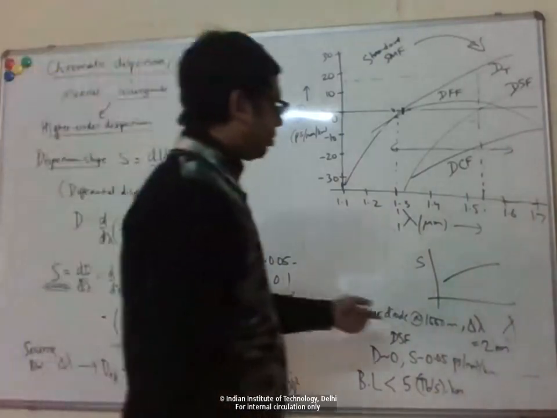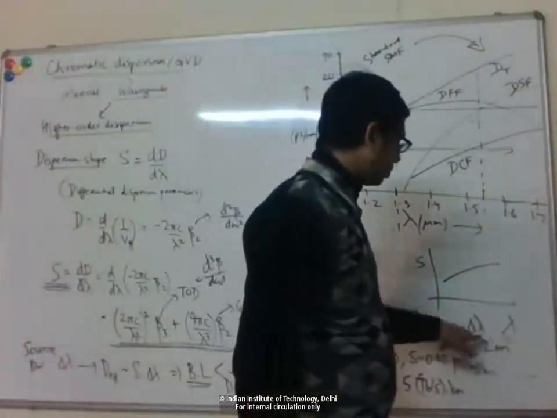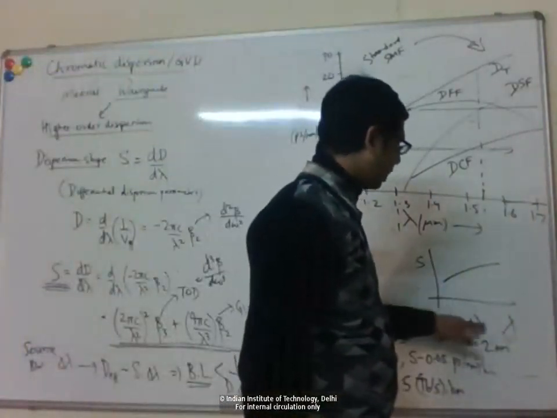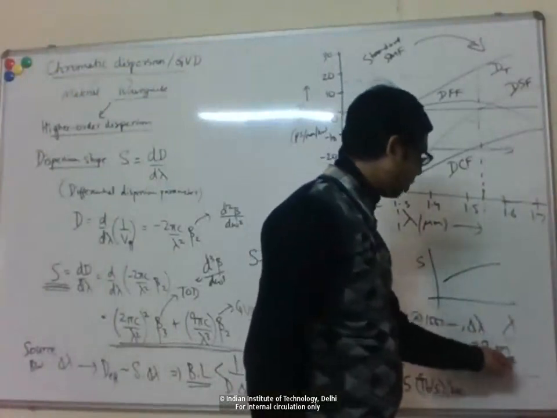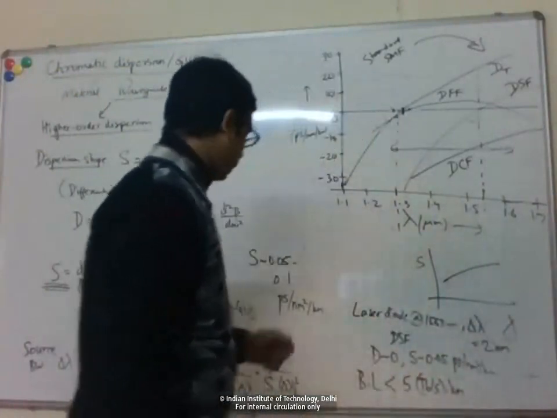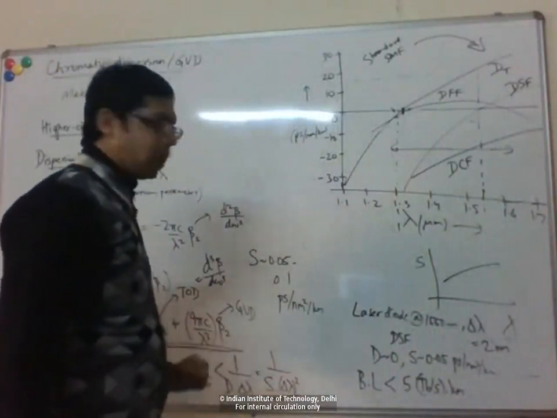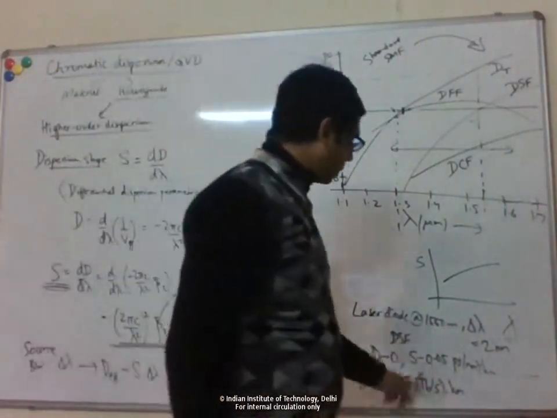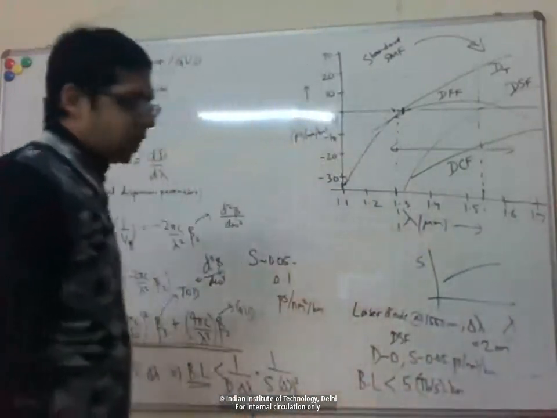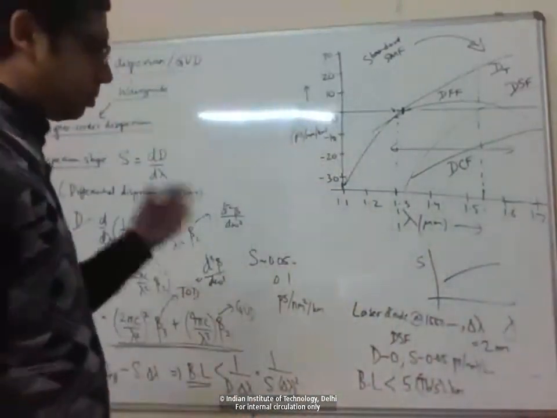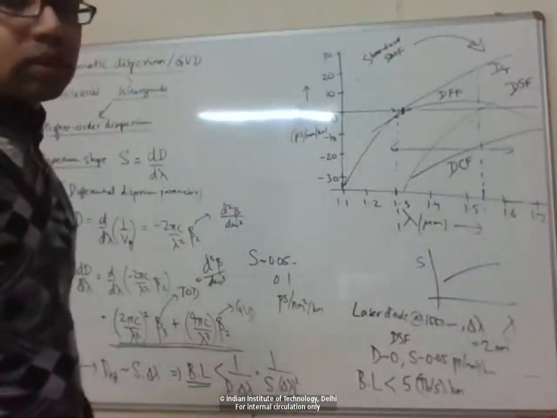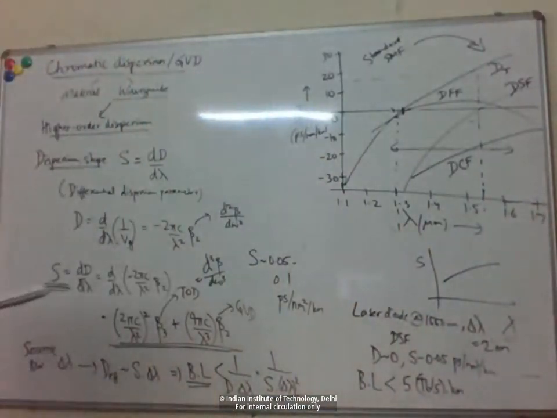If you do even better, if you use single mode lasers where this delta lambda is now, let's say, picometer or less, then you can see it scales as delta lambda square, right? So this goes up to hundreds of terabits per second.